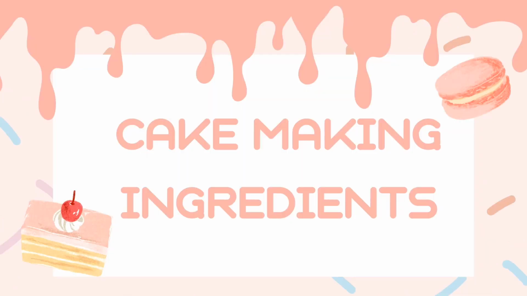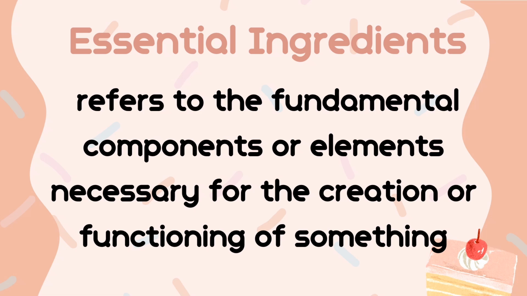So let's proceed. We are now going to cake making ingredients. So first are the essential ingredients. It refers to the fundamental components or elements necessary for the creation or functioning of something.